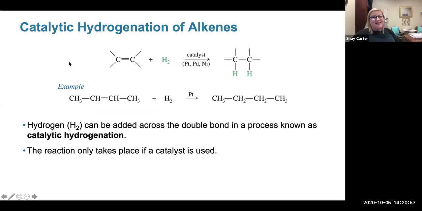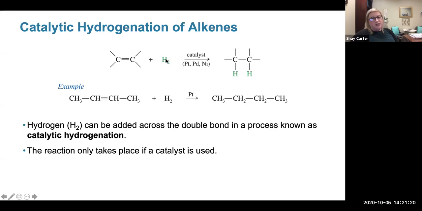Okay, now let's talk about catalytic hydrogenation. So I believe we have talked about catalytic hydrogenation in the past, but catalytic hydrogenation is just adding hydrogen across double bonds. And we usually do this with a precious metal catalyst. Okay, so we have a double bond.